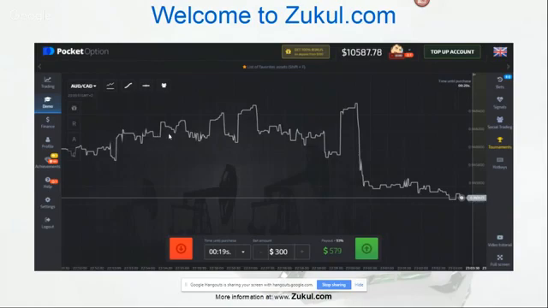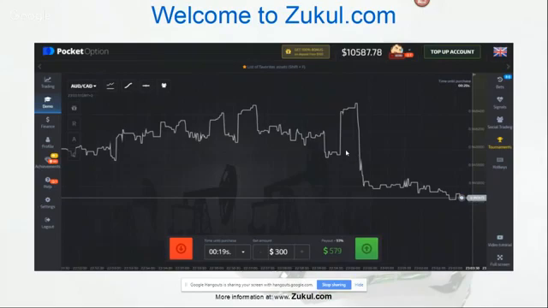This is the opportunity for us to place a bet to say that we think the price is going to go down, and as it goes down, we could then collect a profit. However, if we placed a bet here to say that the price would go up, then because the price went down, we would lose that bet.